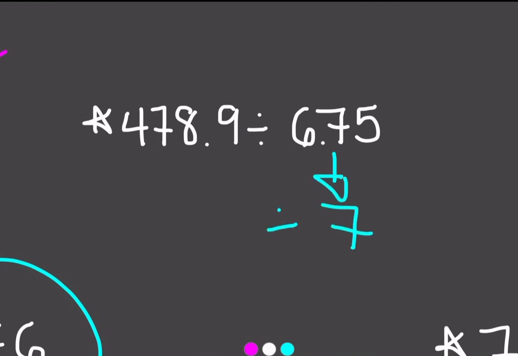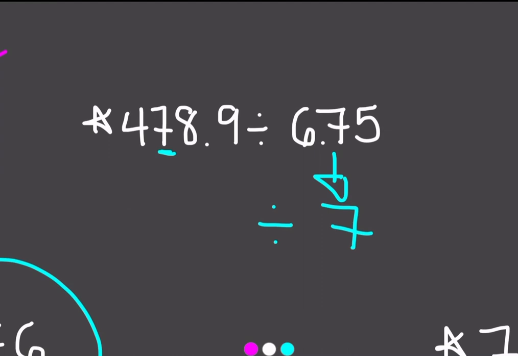I need to know my 7's facts. 478.9, what's going to be close? I can't round it to 400, that won't work. If I round it to the nearest tens place, 480 wouldn't work. But what's something that 478.9 is close to that's divisible also by 7?